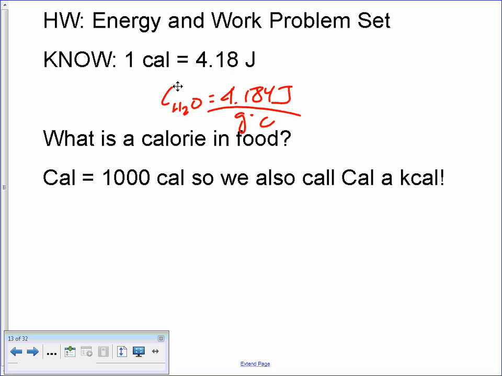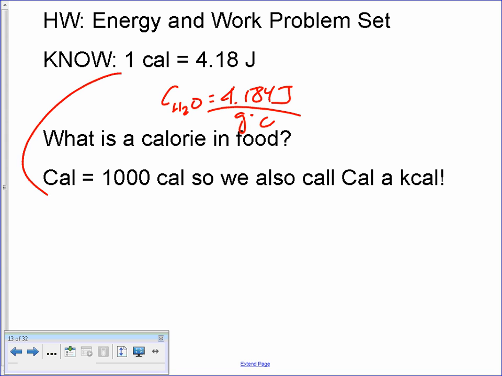So on your banana labels, because we all know bananas have labels, how many calories in a banana? Let's say 100. So a banana is like 100 calories. How many joules is that? You say 418. It's not. But food calories are different. They lie to us.